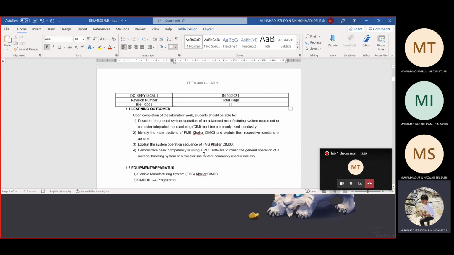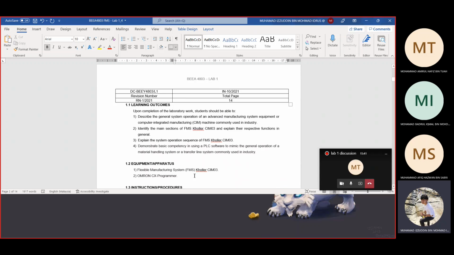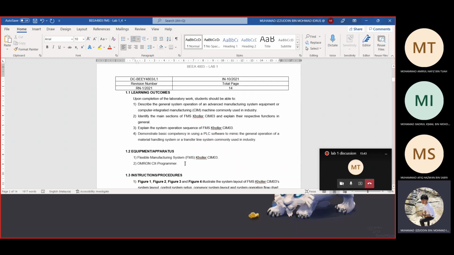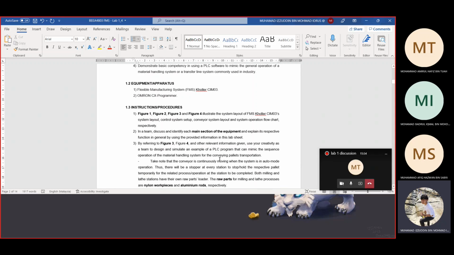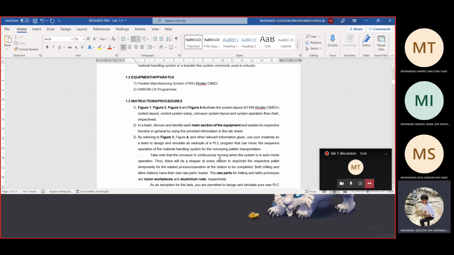So an introduction for this lab, the main purpose of this lab is to understand what is the flexible manufacturing system Kholler CIM03. So the instructions given we have grouped into two.